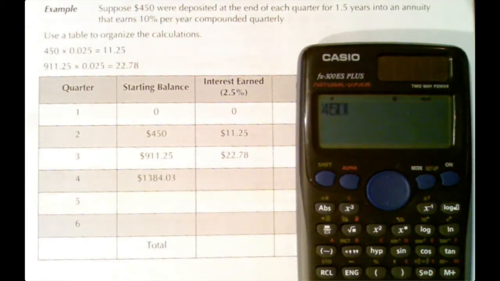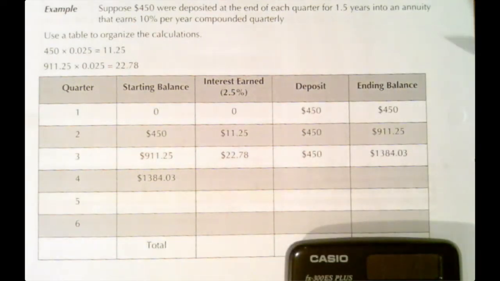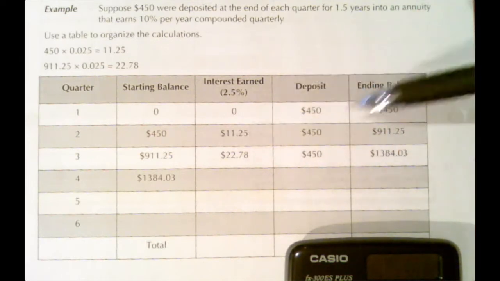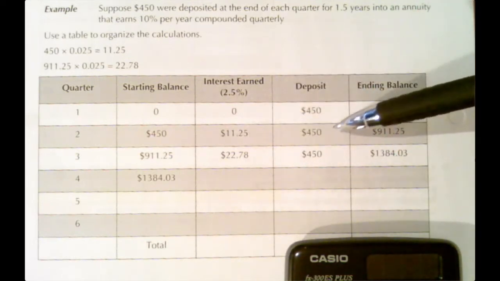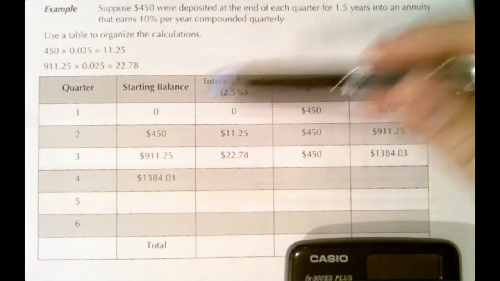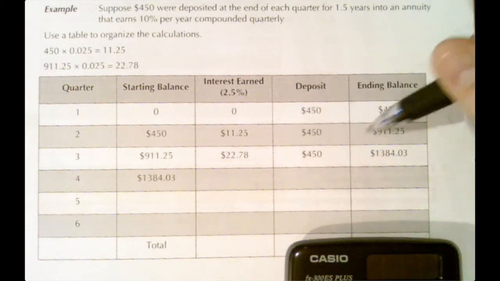So that's 450 times 2.5% as a decimal, which is 0.025. And we get $11.25. So now our account has 450 plus 11.25 plus, since it's a regular deposit, an annuity, we keep putting money in, we're putting in another 450. So 450 and 450 is 900 plus 11.25 gives us $911.25.